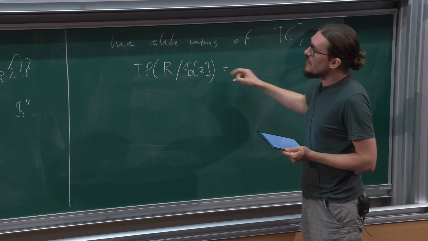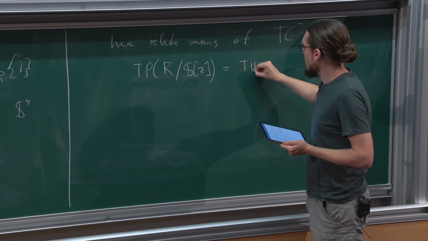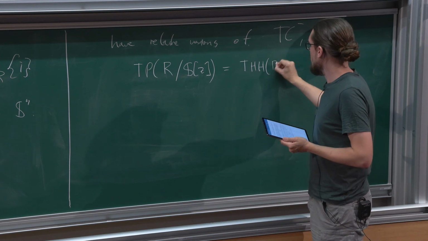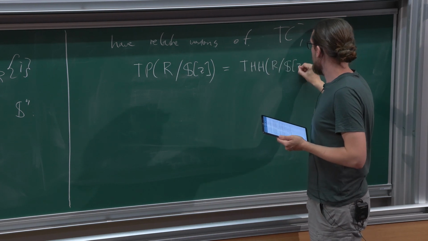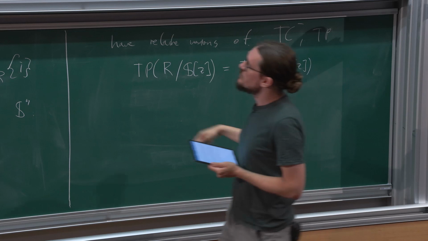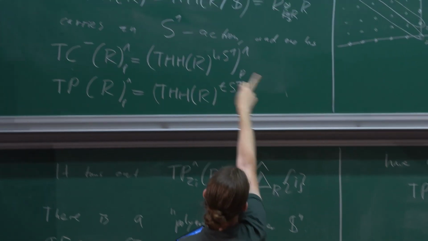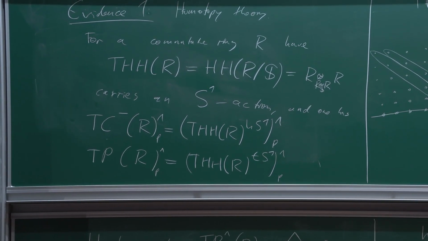And then you can define that in the same way as over there as relative THH. So that's the same Hochschild homology construction, just replace S by S adjoin Z.